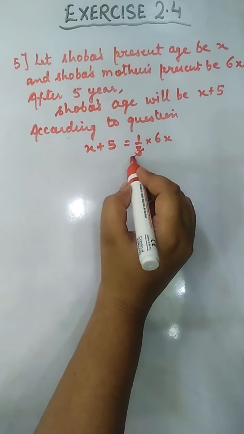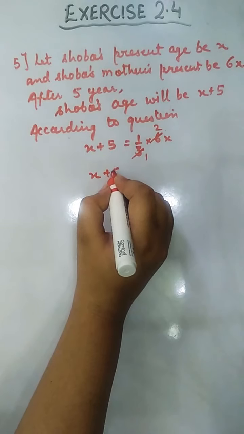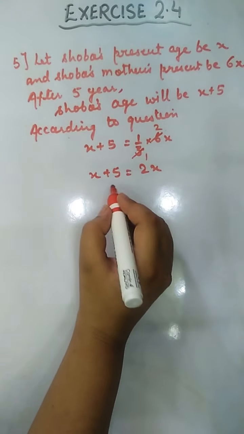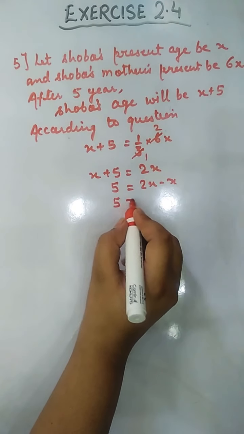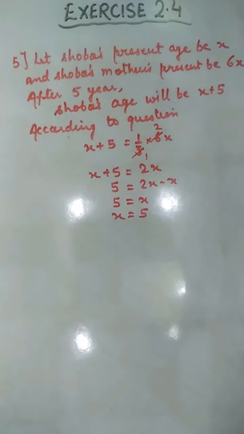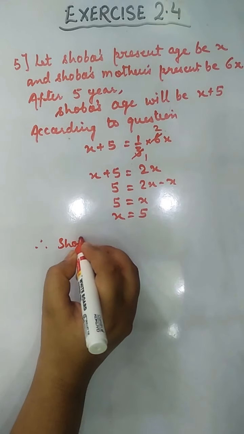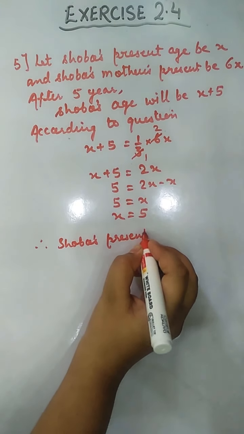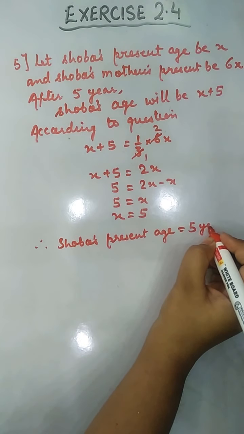This is the equation. Now 3 1s are 3, 3 2s are 6, so x plus 5 is equal to 2x. So this x will go to that side, 2x minus x. So 5 is equal to x, or you can write x is equal to 5. Therefore, Shobo's present age is 5 years.